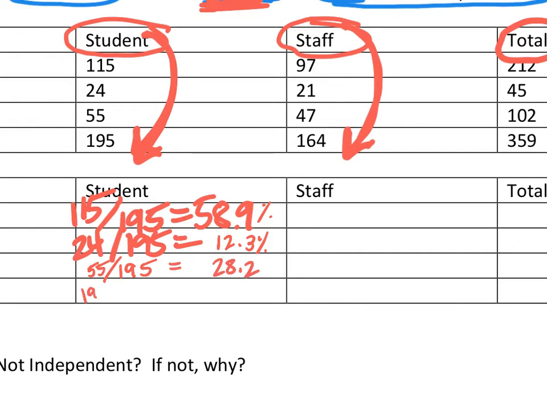And then, of course, 195 over 195. So that is the total proportion of males and the different types of vehicles that they drive. So out of all the 195 males, there's the proportion of those things.